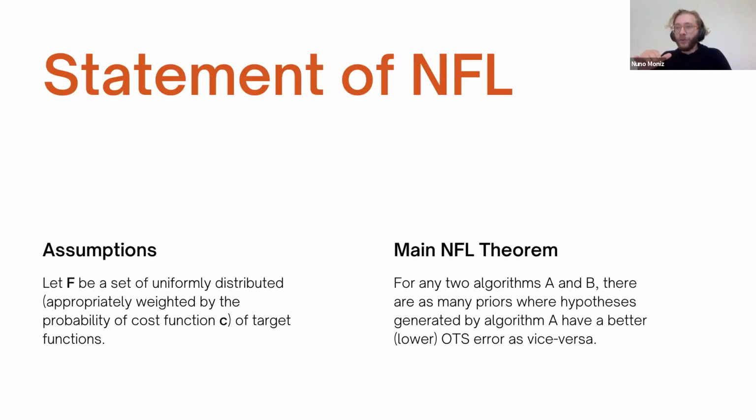And the theorem would basically state that for any two algorithms, there are as many priors where a hypothesis generated by an algorithm has a better OTS error than the other way around. So on average, they would be considered basically the same in terms of performance.